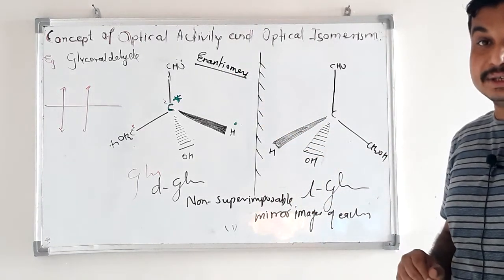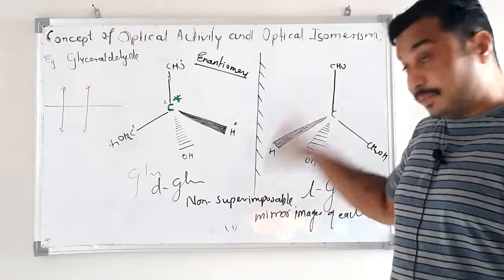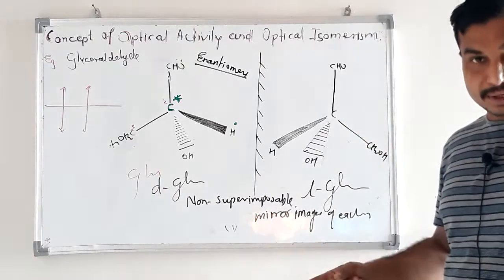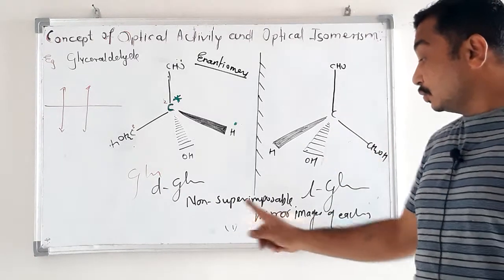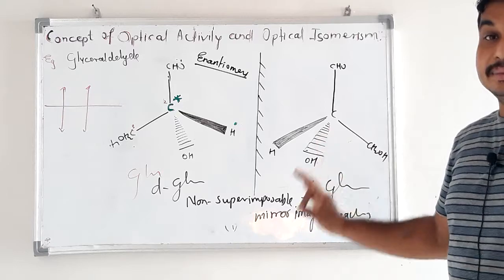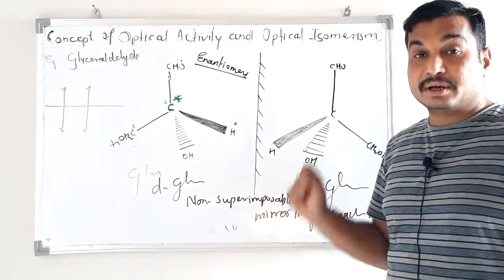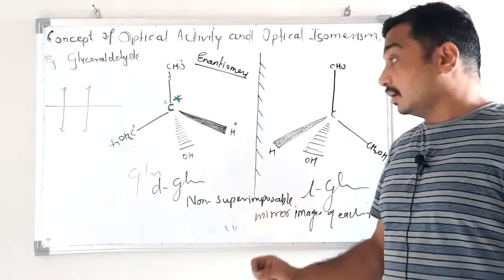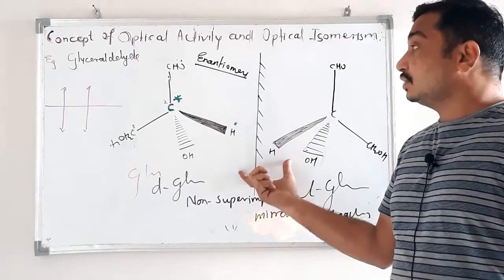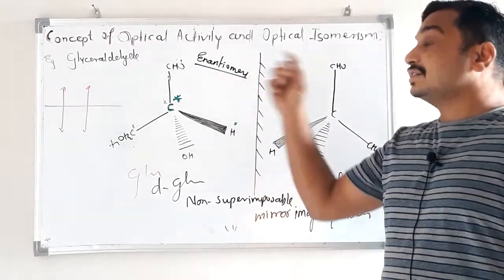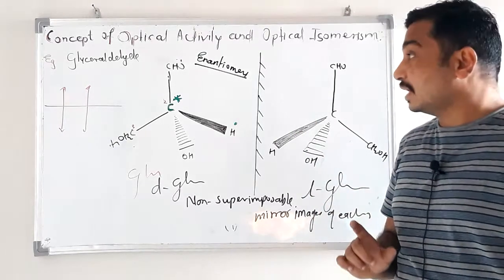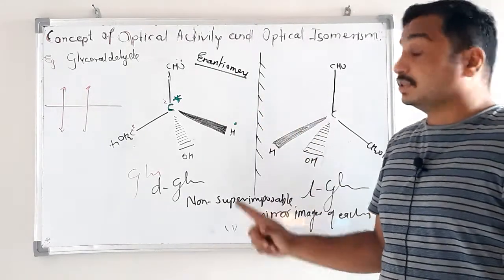Why are they called enantiomers? Because they are optical isomers, means stereoisomers, and also non-superimposable mirror images of each other. Therefore, such isomers are known as enantiomers.